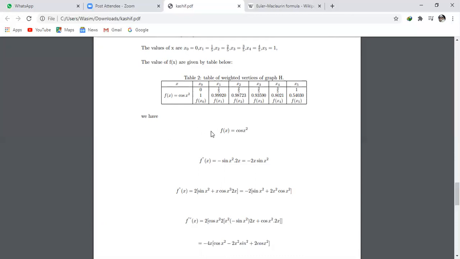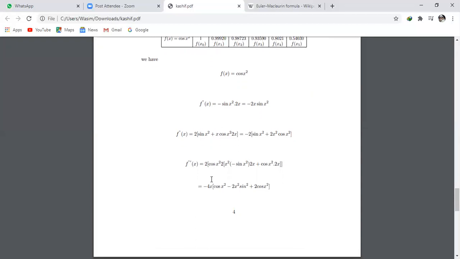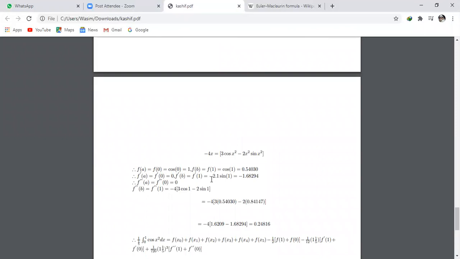Then we find the first derivative of cos x square, which is minus sine x square times 2x, equal to minus 2x sine x square. Similarly we find the third-order derivative, and then we find the values of f of a and f of b by putting in the values of a and b.